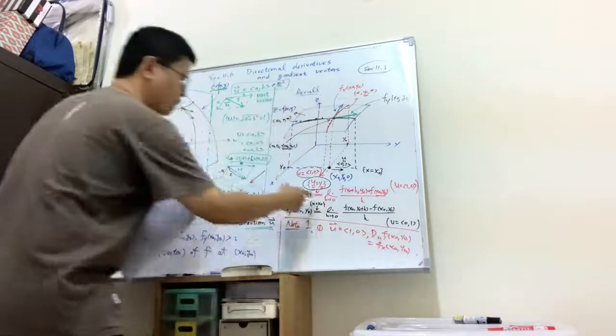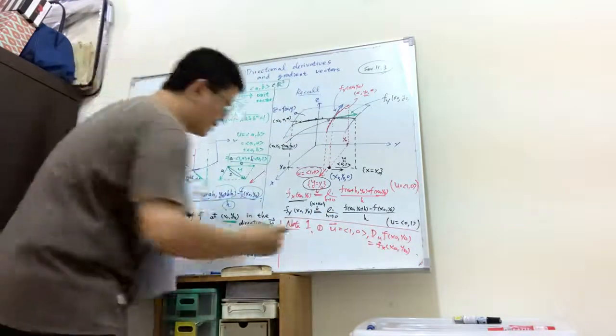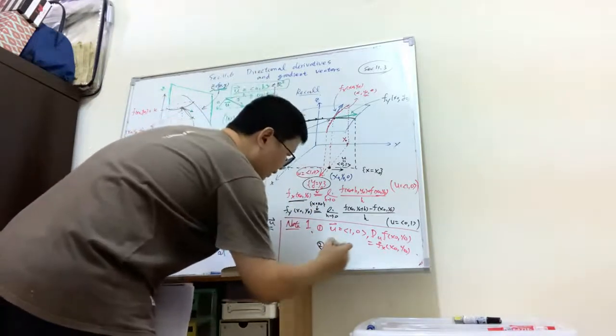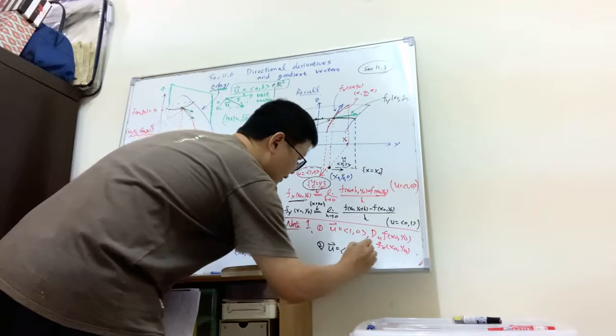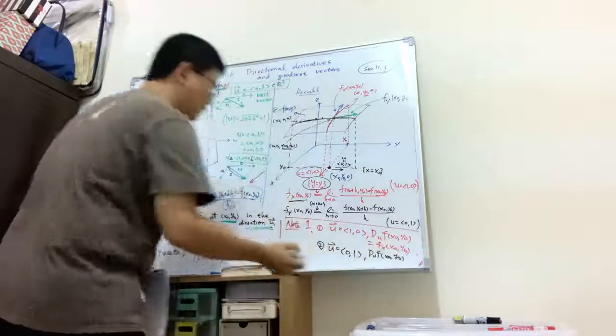It's exactly this part. And the second one, if we choose the unit vector u to be 0, 1, then it's the directional derivative.